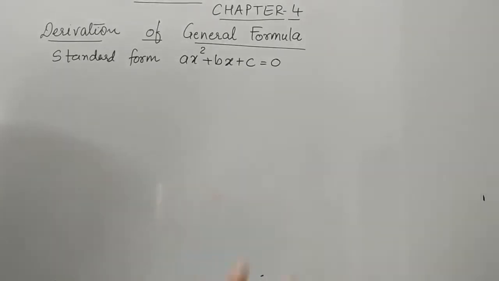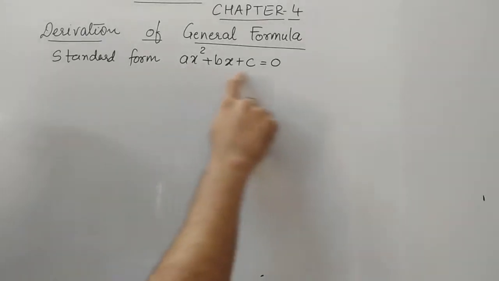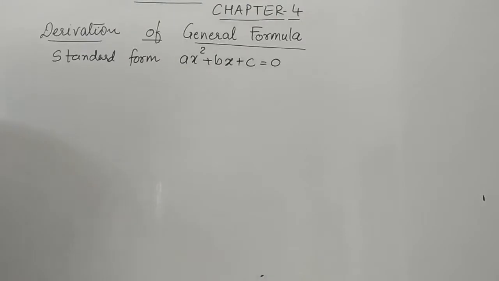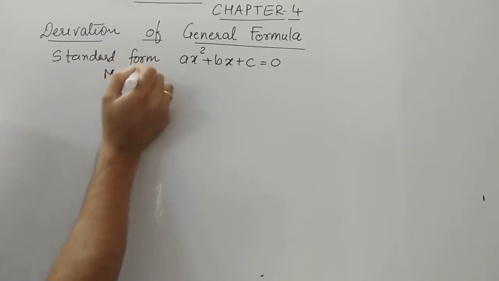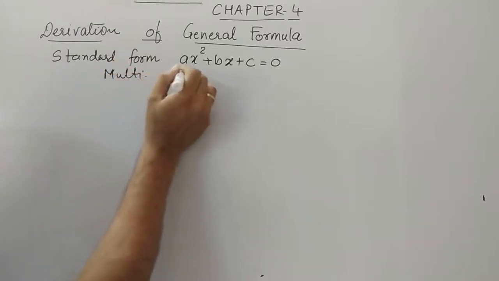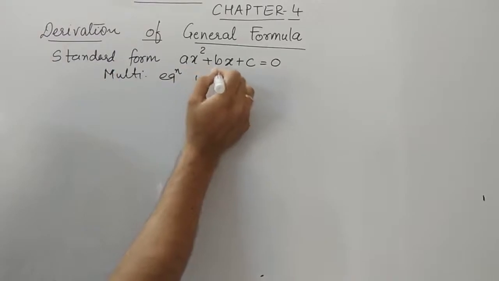But there are two things which you have to remember. So first, we are going to multiply the whole equation by 4a. Why I am doing this, we'll discuss later on. So I'll write here, multiply the above equation with 4a.